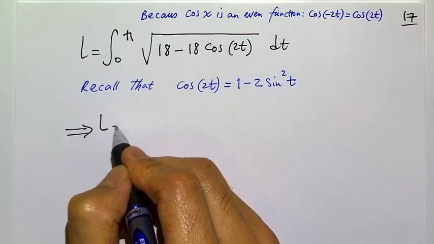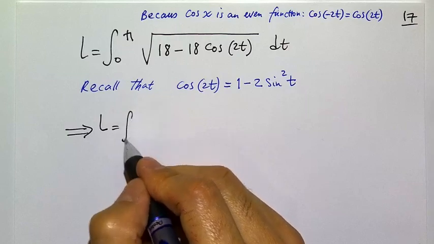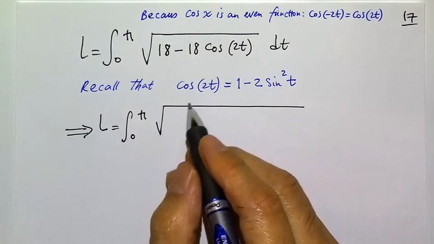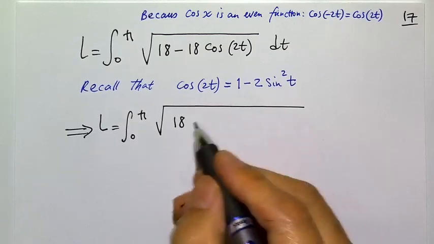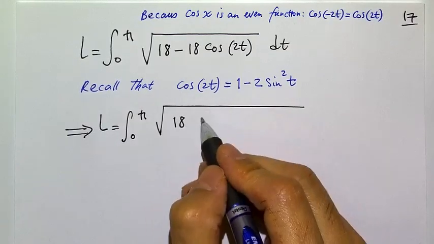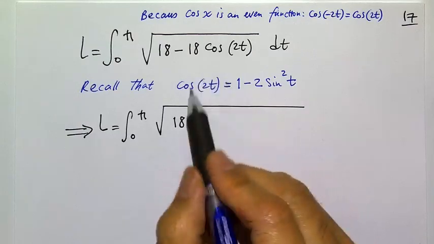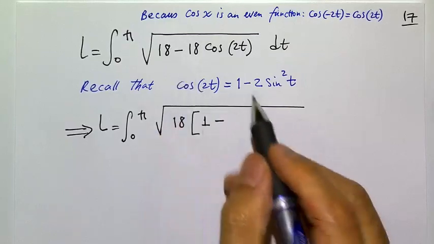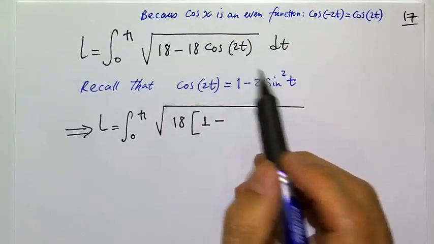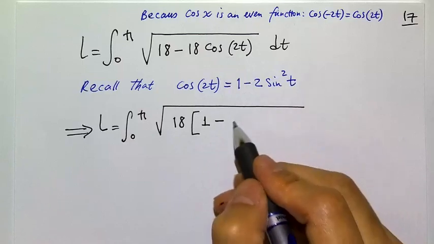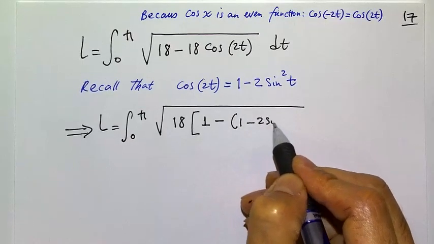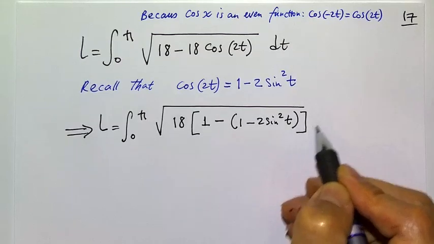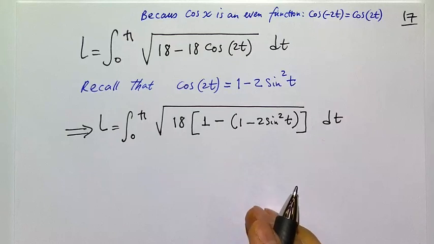So we have the arc length equals the integral from 0 to pi of the square root of 18, let's factor it out, times 1 minus, instead of that, we're going to replace that with 1 minus 2 sine squared t, of course, dt.